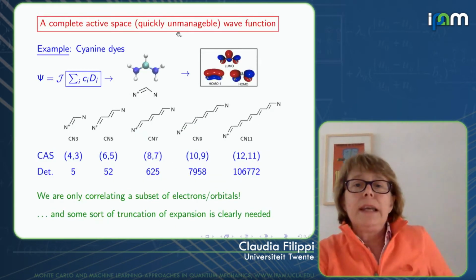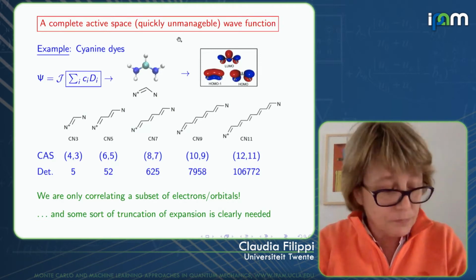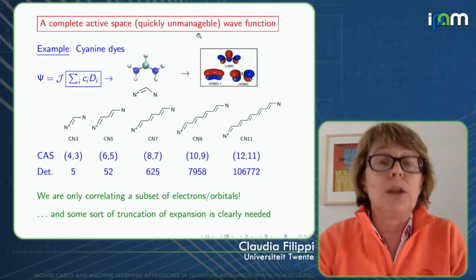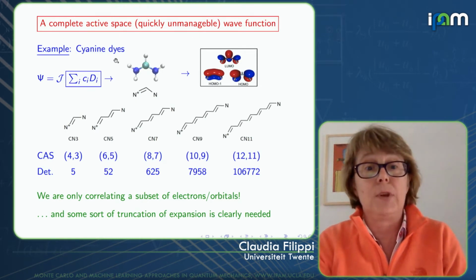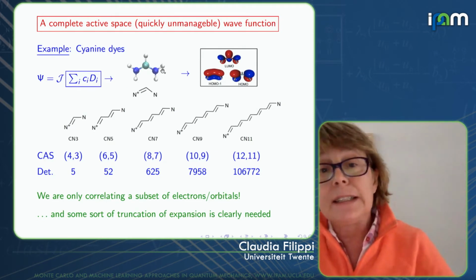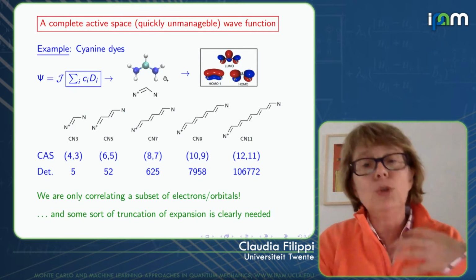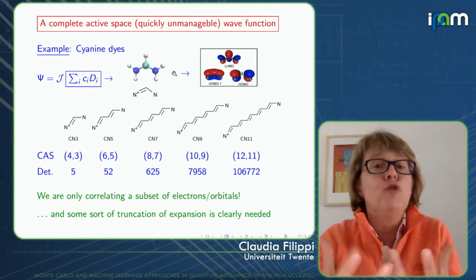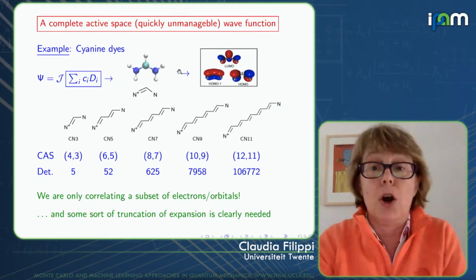Now for many years, what we have been doing is using a type of determinantal expansion which is often used in quantum chemistry, the so-called complete active space. The idea is you have a molecule, a small cyanide dye, and you say I'm studying a pi to pi star excitation, and you decide over which set of orbitals you want to have, let's say, a full CAS, meaning a full CI, of which you then maybe optimize the orbitals.